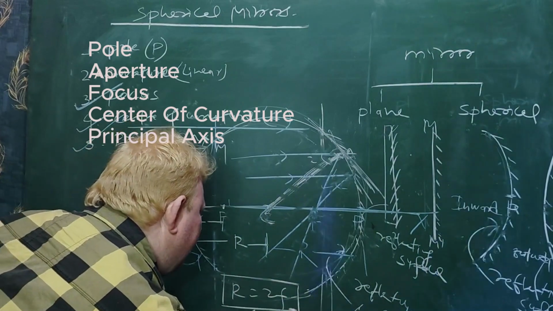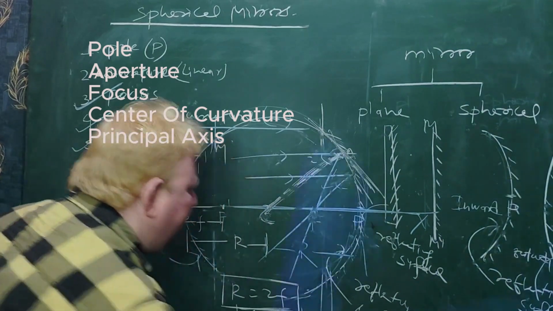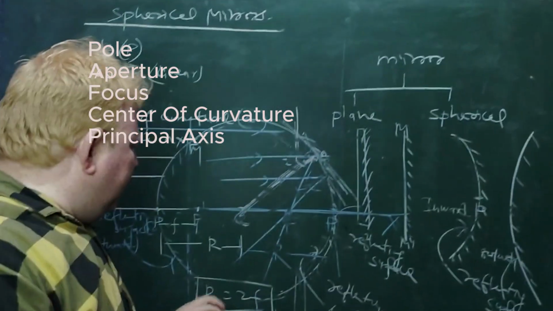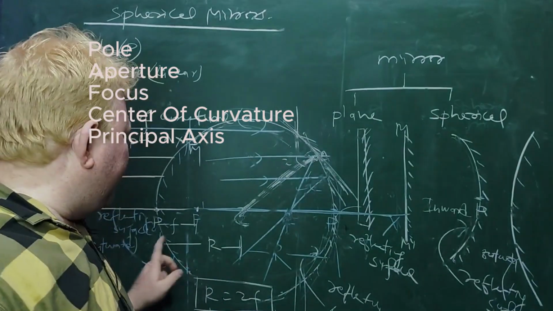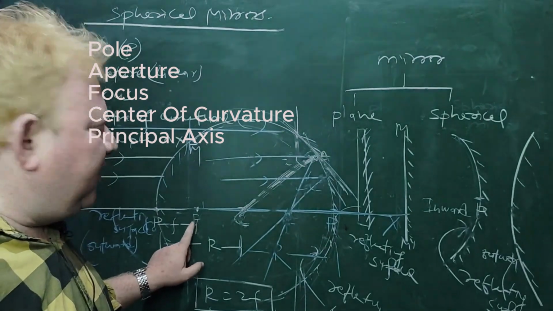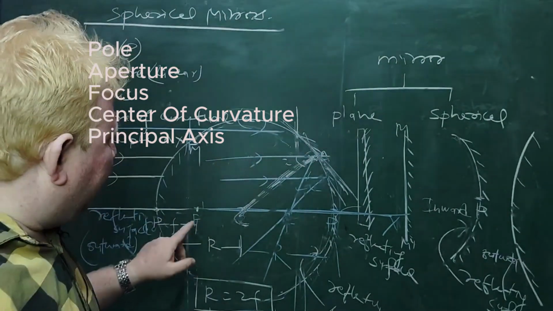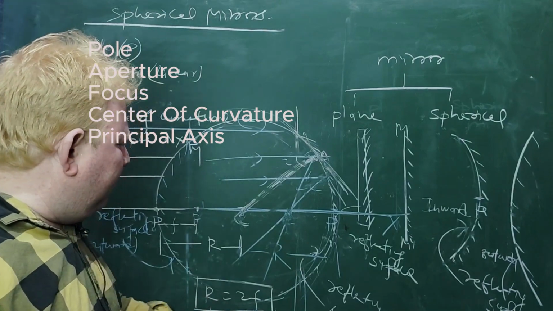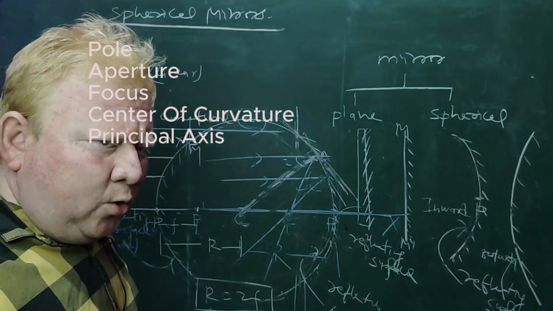This is the relation between focal length and radius of curvature. Radius of curvature is double, twice the focal length, and focal length is half of the radius of curvature. So you can write R = 2F and F = R/2.